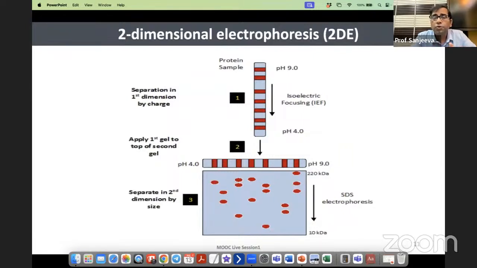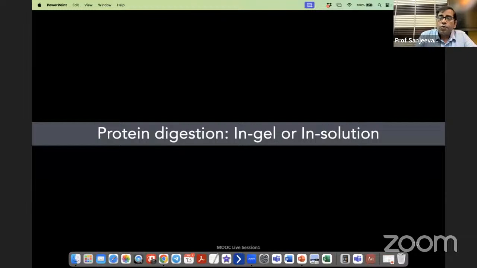Then you also do two-dimensional electrophoresis, because if your goal was to do the proper separation on the gel, you can do first dimension separation based on IEF, and several questions you already asked about it, followed by the second dimension, which will be the SDS-PAGE. Now you can further separate based on the molecular weight. Once you have done the separation on the gel, or if you want to go gel-free, meaning you do not want to separate protein on the gel, you want to proceed further.